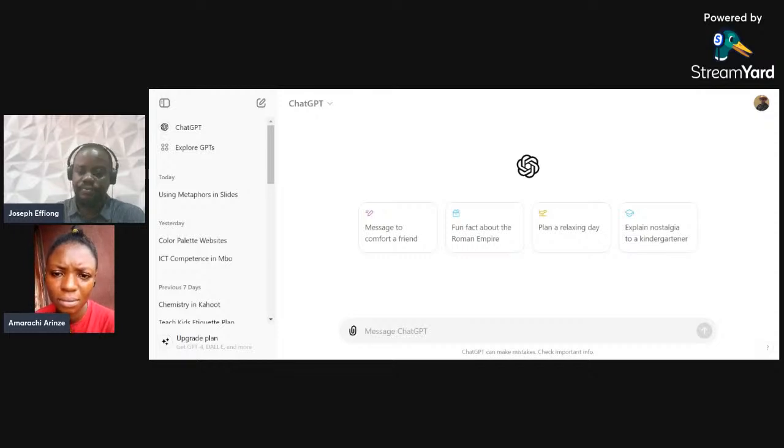and make it to suit the three levels of learners.